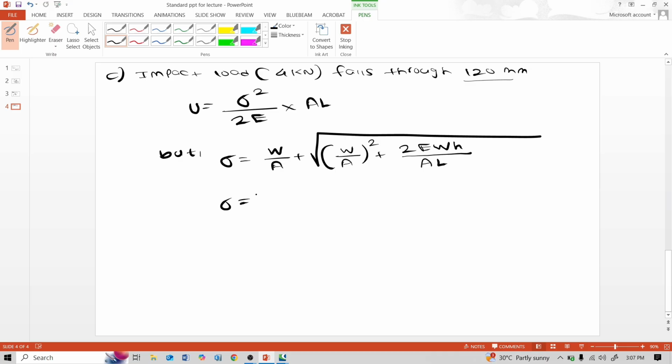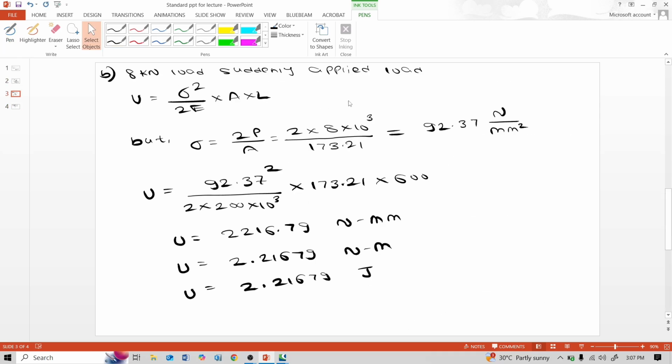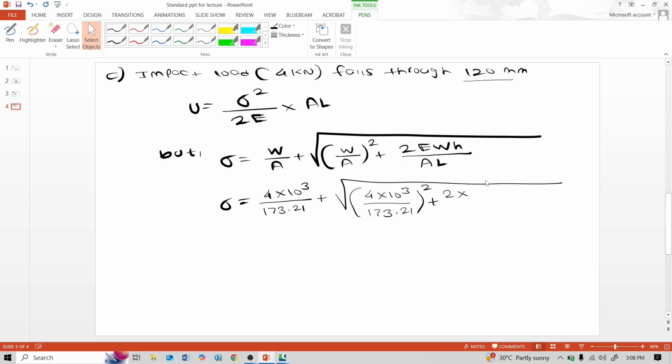So this stress is equal to, the load is this 4 kilonewton, so 4 into 10 raised to 3 newton divided by area is 173.21. E modulus of elasticity is 200 into 10 raised to 3.